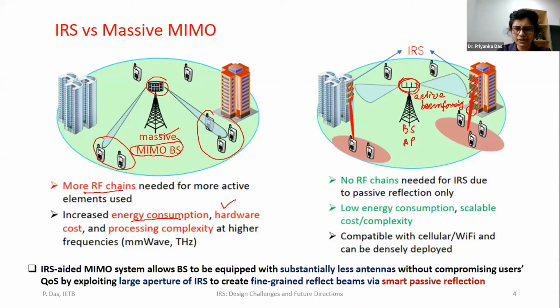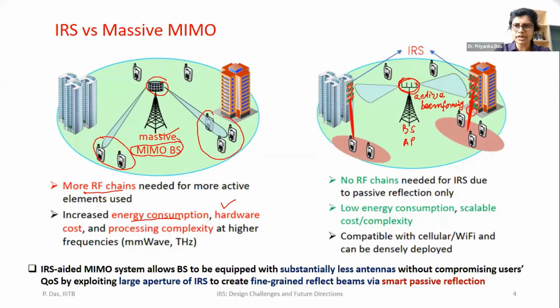So the main focus of IRS versus massive MIMO is that it is giving you flexibility, using substantially fewer antennas, which will give you fewer RF chains, less energy consumption, less cost.